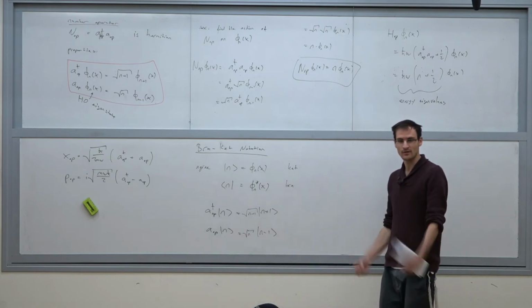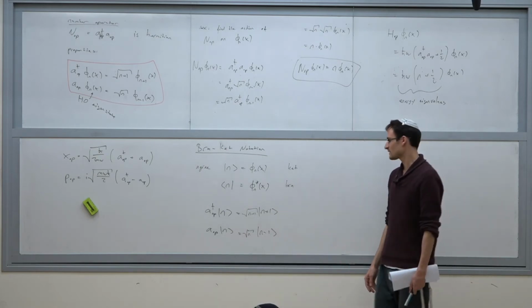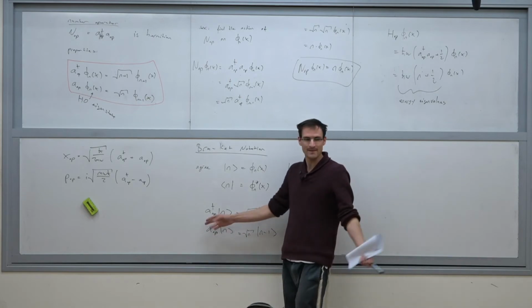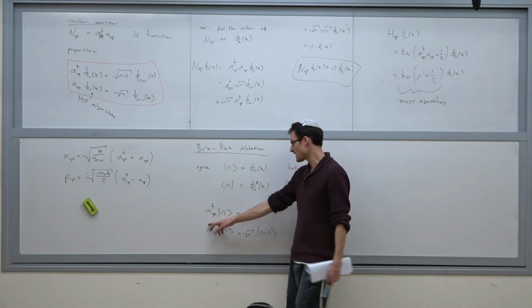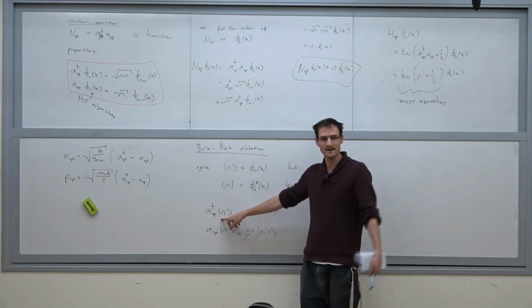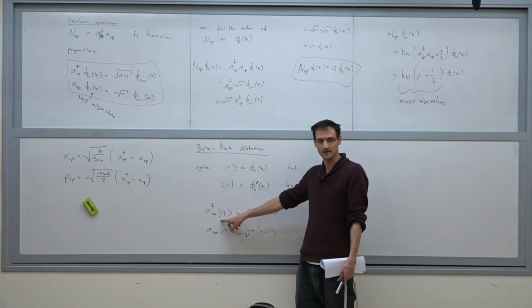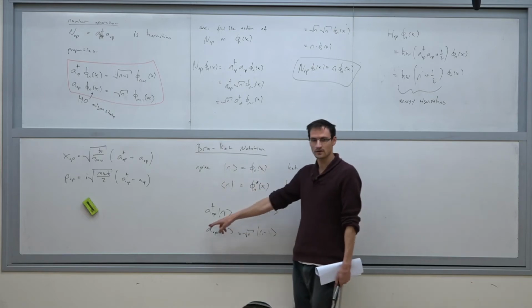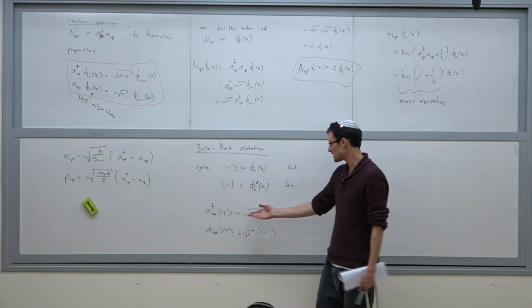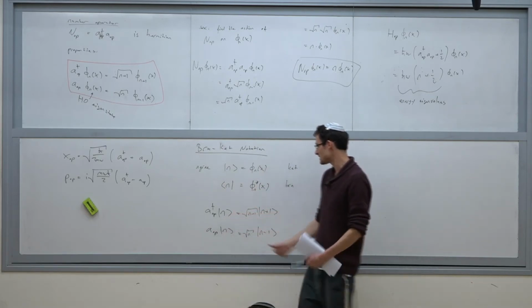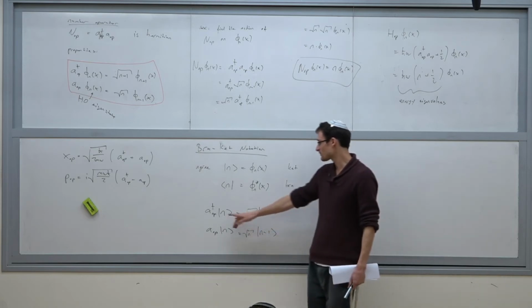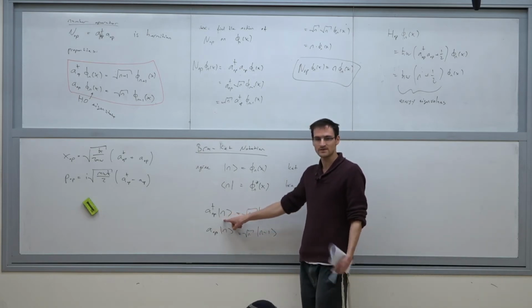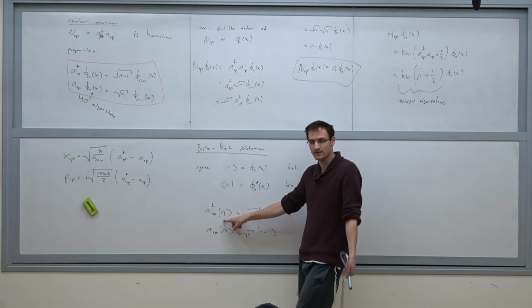I don't care whether it's x or p, because A and A dagger don't care about x or p. All they care about is whether it's n or n minus 1 or 7 or 5. That's the only thing that matters.